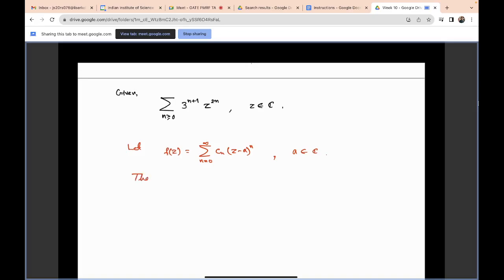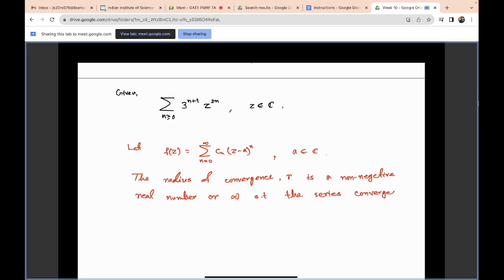So the radius of convergence R is a non-negative real number, or it may be infinity, such that the series converges if mod z minus a is less than R and diverges if mod z minus a is bigger than R. Then this R is called the radius of convergence.